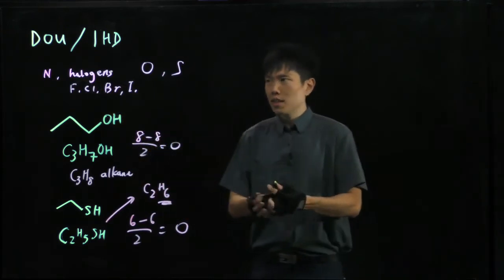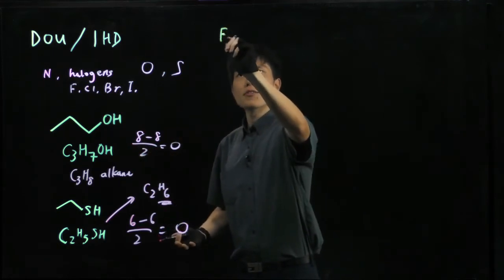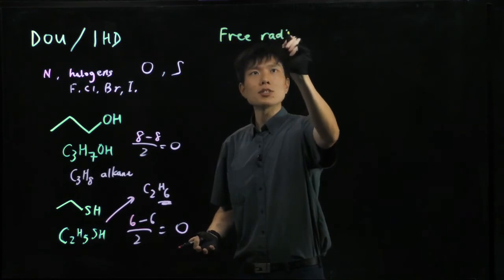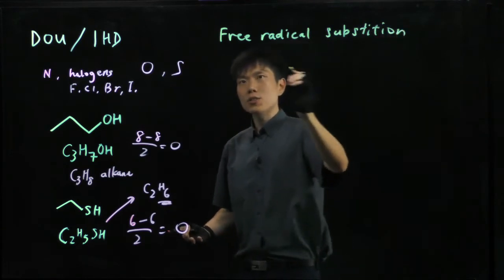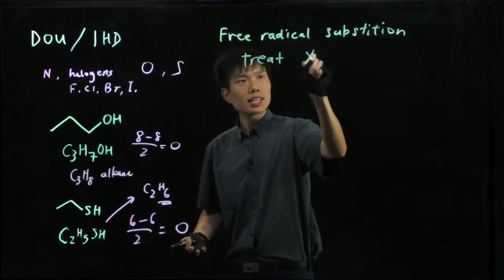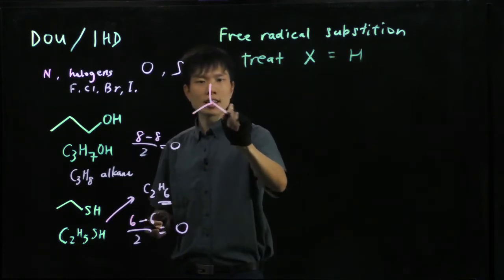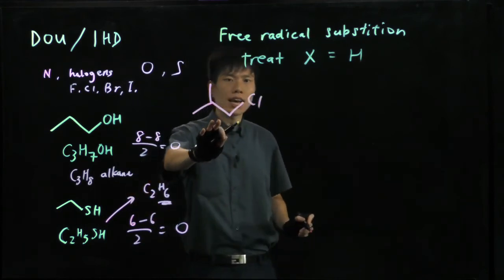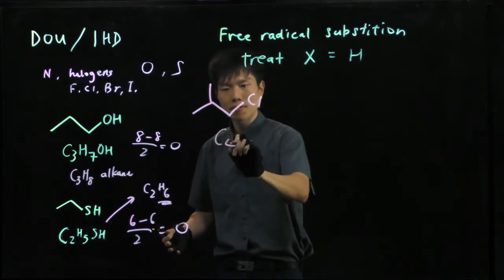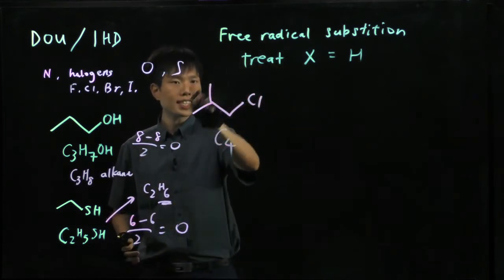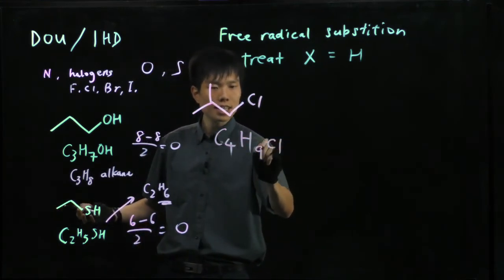For halogens, as I mentioned just now, a halogen substitutes a hydrogen undergoing a free radical substitution, which means that you treat halogen, let's call X, the same as hydrogen. So if you look at this example here, a branch alkyl halide, 1, 2, 3, 4, again 4 carbons, and 0 degrees of unsaturation, I will quickly put down C4H9Cl, and that's a formula.